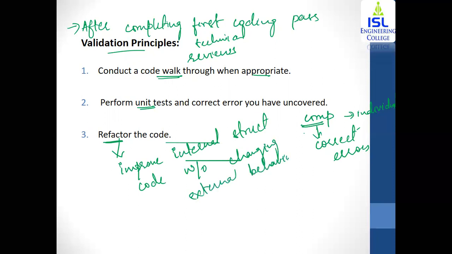You're going to keep on changing your internal structure. That is, you can make it more simple or robust. So these are the validation principles. So we've completed 3 parts within the coding principles: the preparation principles, coding, and validation principles.